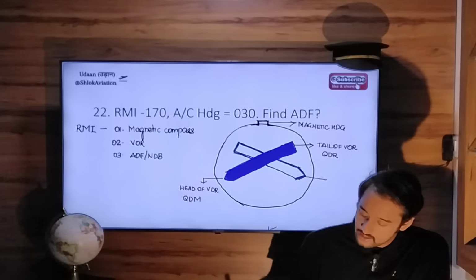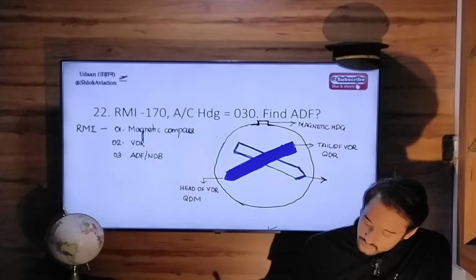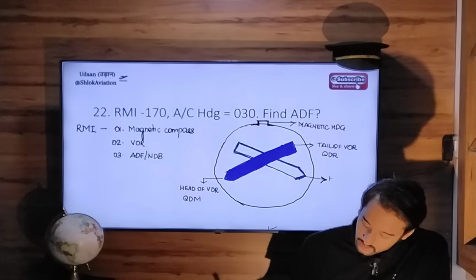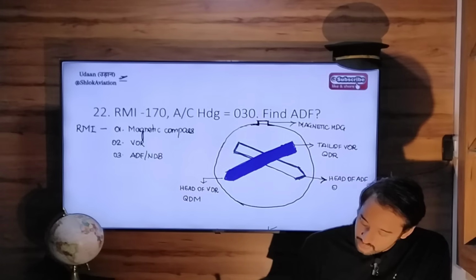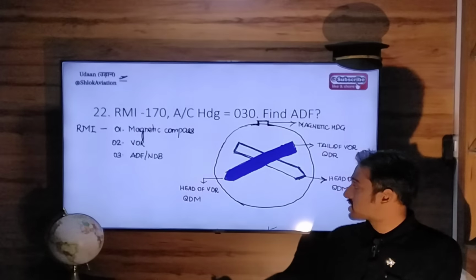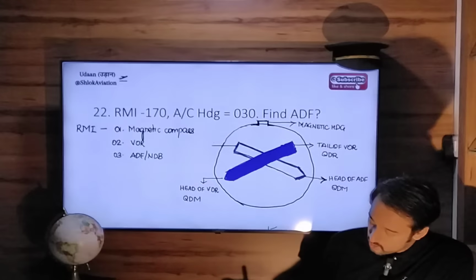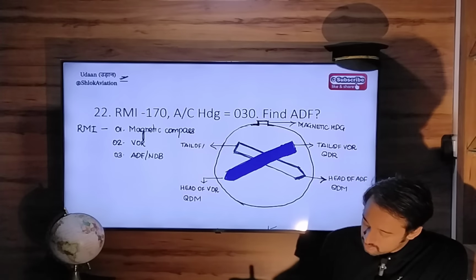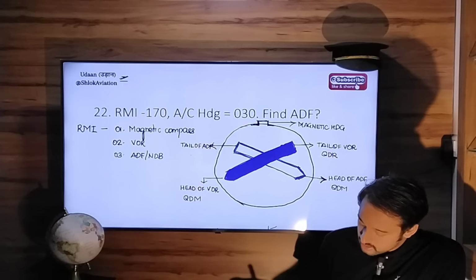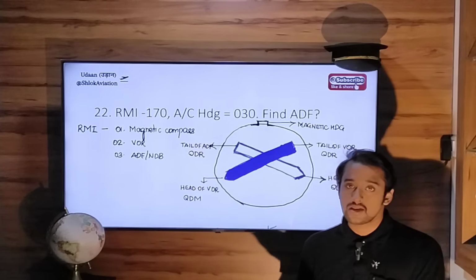Similarly, the head of this needle will be your QDM towards the NDB station, and the tail of the ADF needle will be representing QDR, that is magnetic bearing from the NDB station.